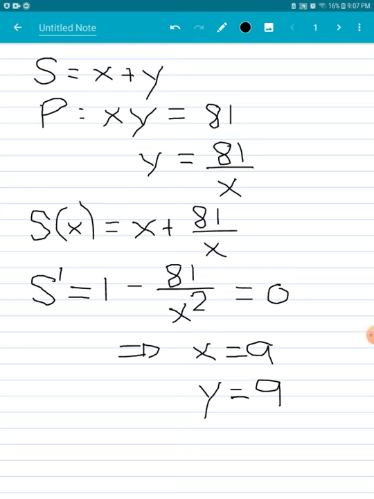So these two are the numbers that will give us the minimum sum.